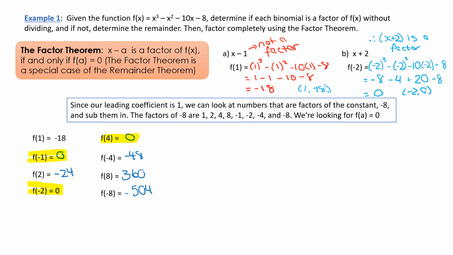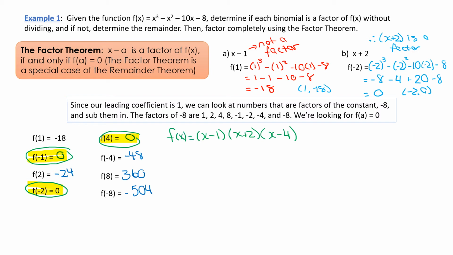If f at 1 is 0, then, we already talked about this, that means x minus 1 is a factor. The factor theorem tells us that x plus 2 is a factor, and our third one is x minus 4. So these are all equal to f at x, our original function.